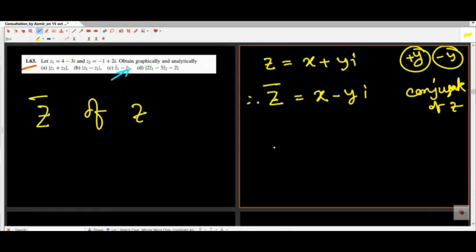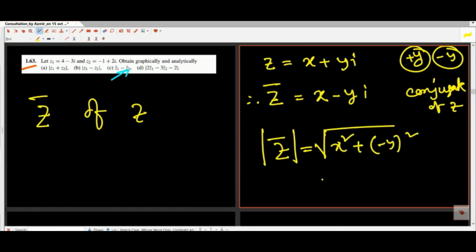This is the change. So again, we have modulus of Z bar, it will be square root of x squared plus negative y squared. So we have x squared plus y squared. That means we can think about modulus of z. So you can see that modulus of z equals modulus of z bar.